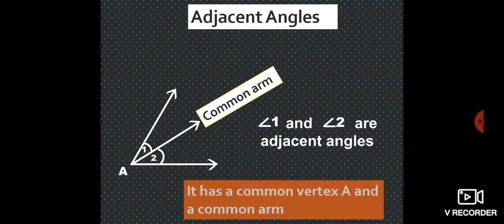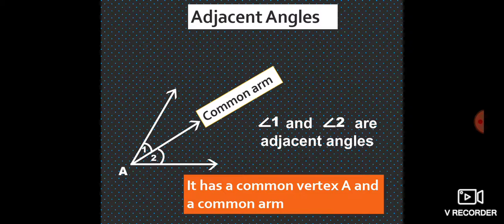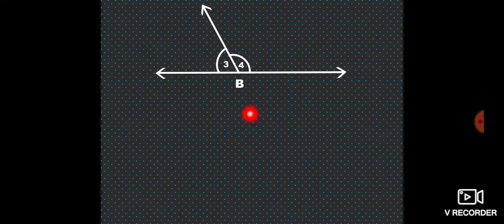These types of angles are called adjacent angles. It has a common vertex and a common arm. Here, the common vertex is A, capital letter A. Next, another one. Here, angle 3 and 4 are here. Then the common vertex is B. B is a vertex of angle 3, B is a vertex of angle 4.